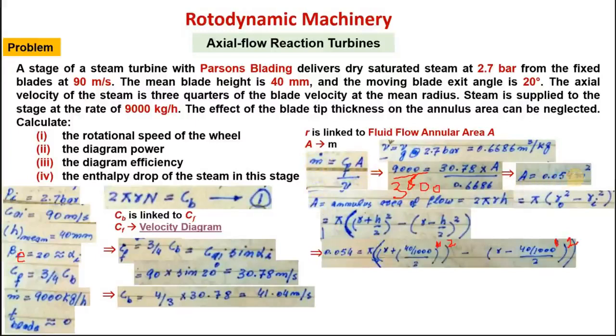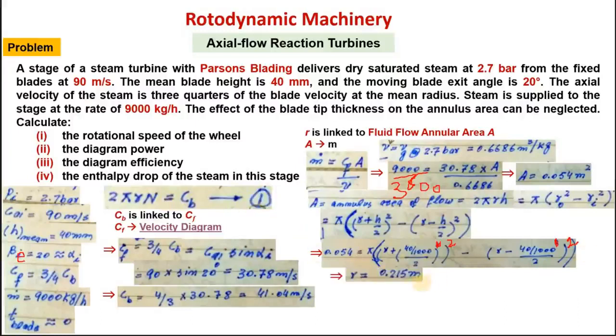And this was 0.054. So this area is equal to this term. In this term, the only unknown is R. Height of the blade is given, which is 40 mm. So 40 divided by 1000 to convert it into meters, right? Because area was in meter square. So this equation is clear. So in this equation, the only unknown is R, and we need R here in equation 1.